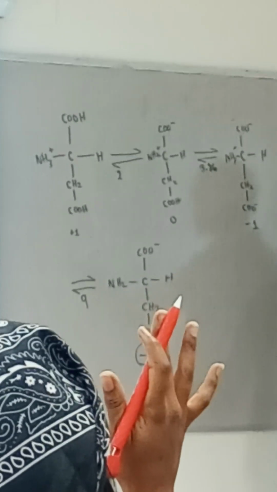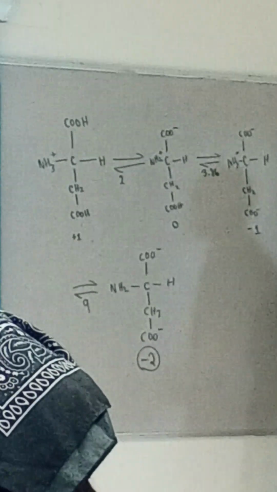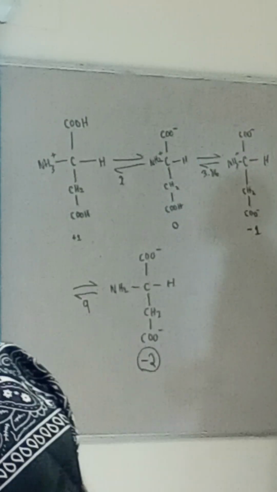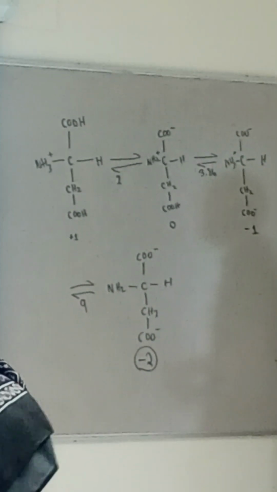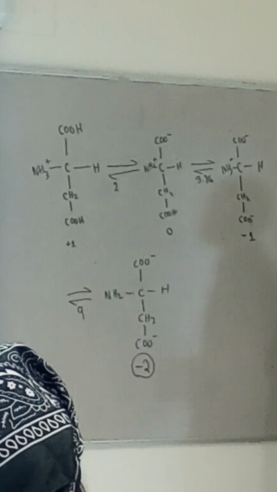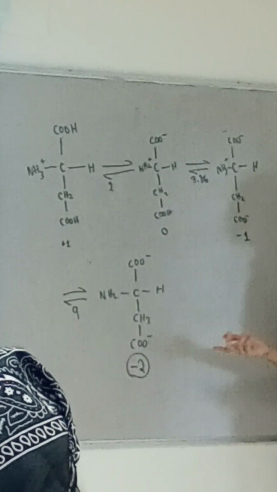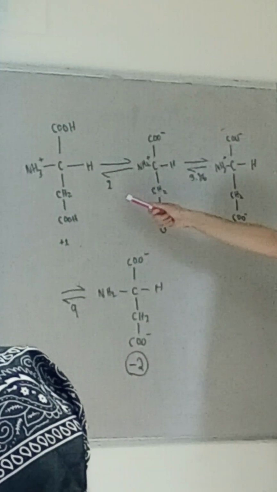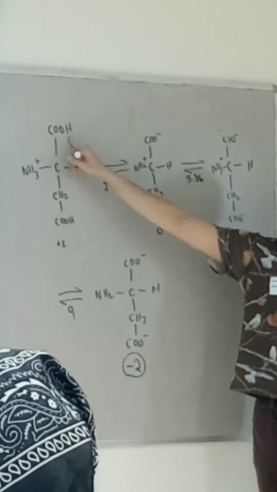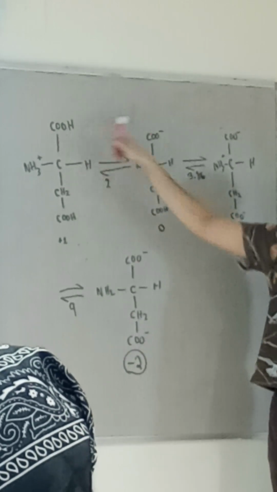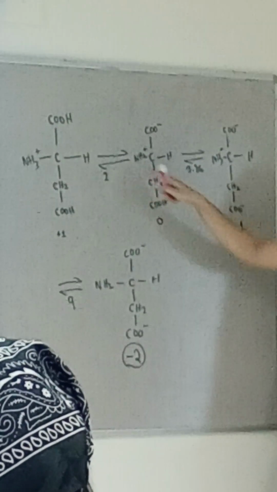Gotcha. I have 2 questions I think. So does it matter the order you deprotonate it? Yes, that's what the pK values tell you, in which order, what gets deprotonated first. So this pK value of 2 is associated with this carboxylic acid. That's why this hydrogen is stripped first, and not this one or this one.